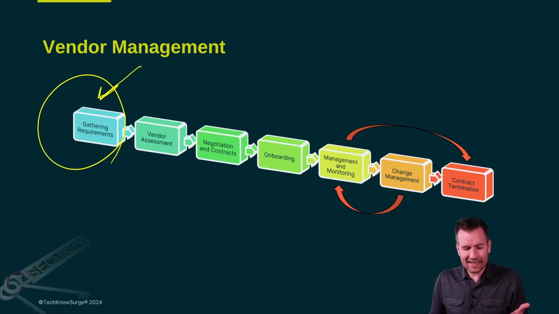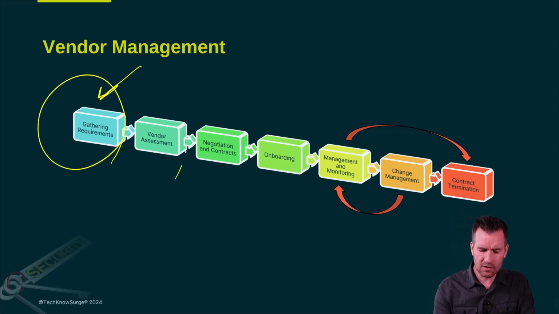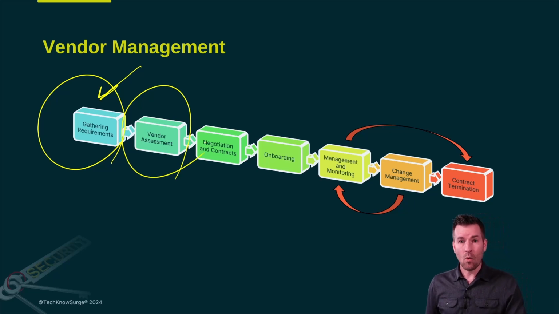Once we've assessed what our requirements are, what we're trying to achieve, then we get into the vendor assessment. What are the vendors and products out there that are actually going to meet our needs for whatever requirements we gather? Then, once we've assessed those vendors, and towards the end of that have selected a few of the vendors or one of those vendors, then we go into negotiating contracts.